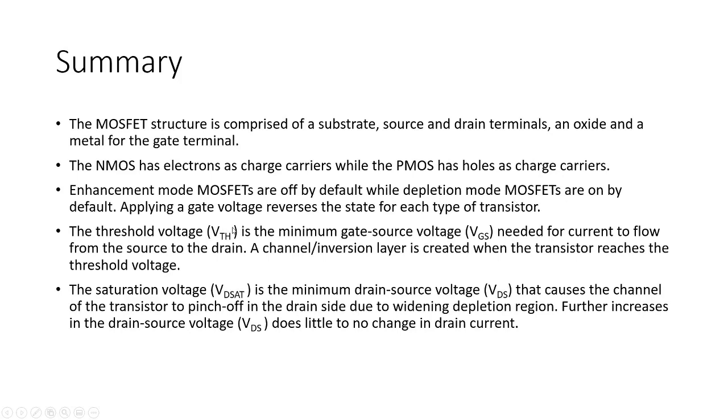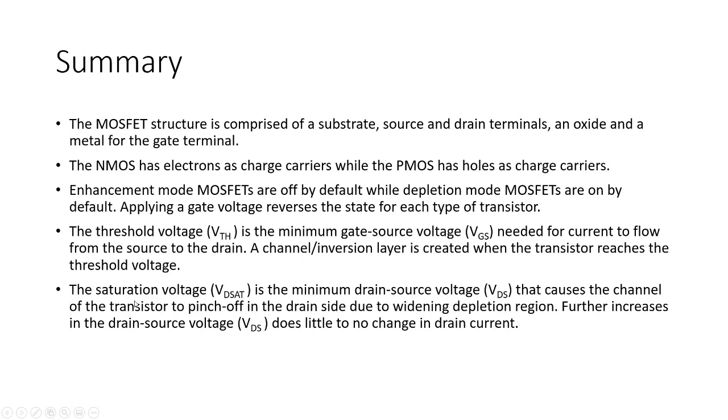For this course, we will consider the enhancement mode MOSFETs. The threshold voltage is also introduced here. Just to recap, the threshold voltage is the minimum gate source voltage needed for current to flow from source to drain. When the transistor reaches the threshold voltage, a channel or an inversion layer is created.